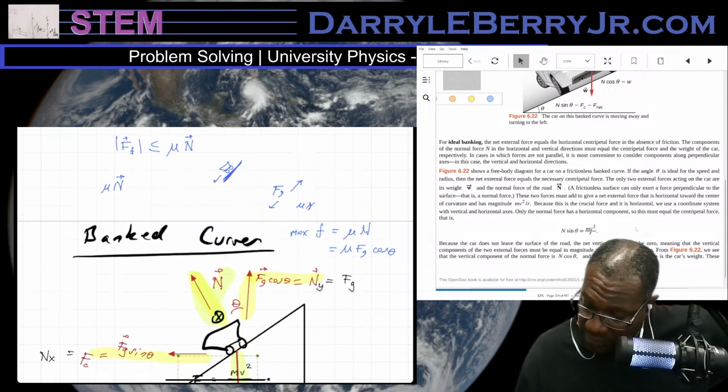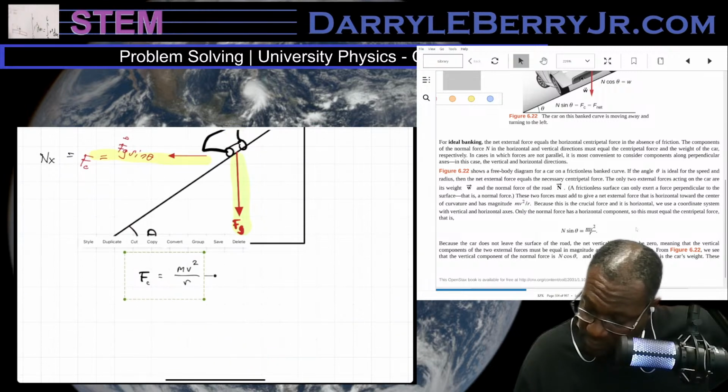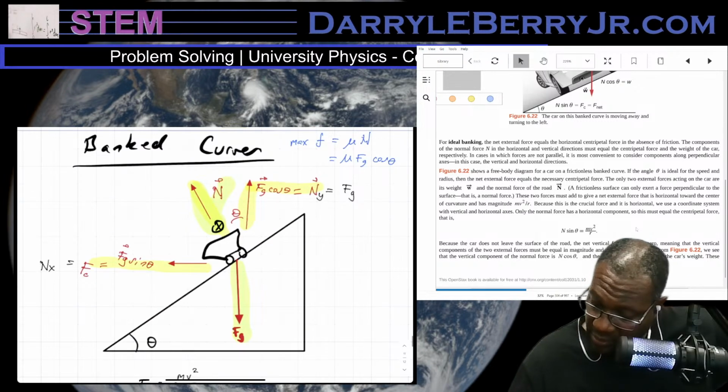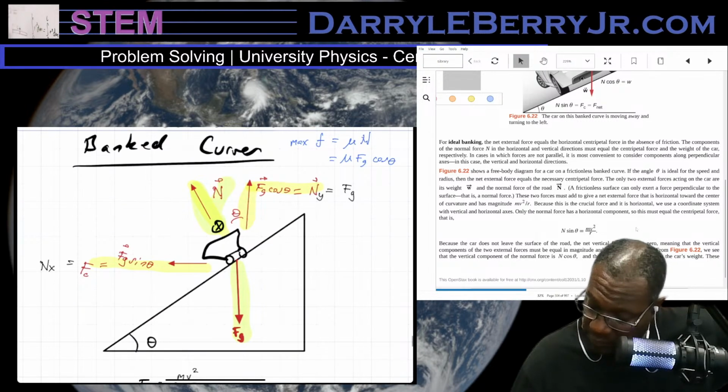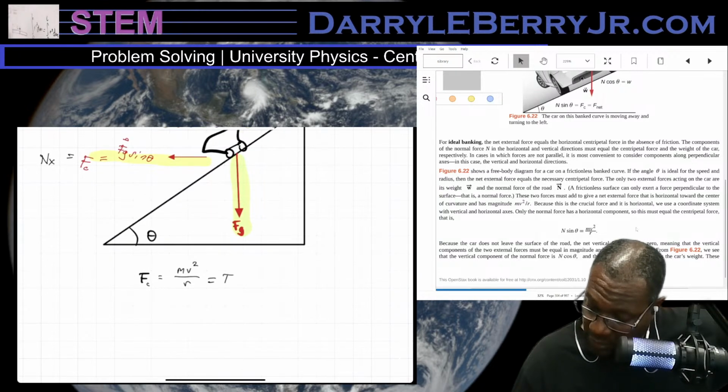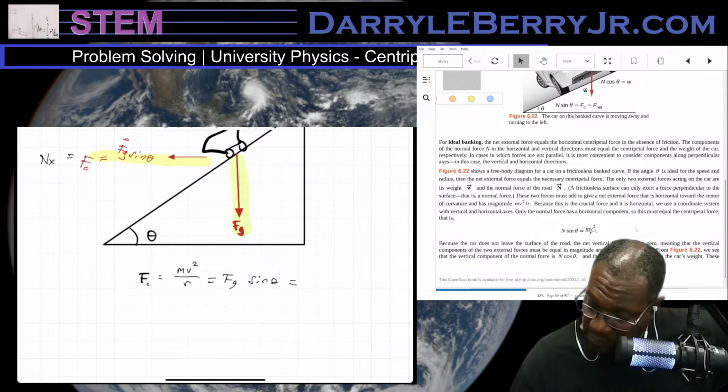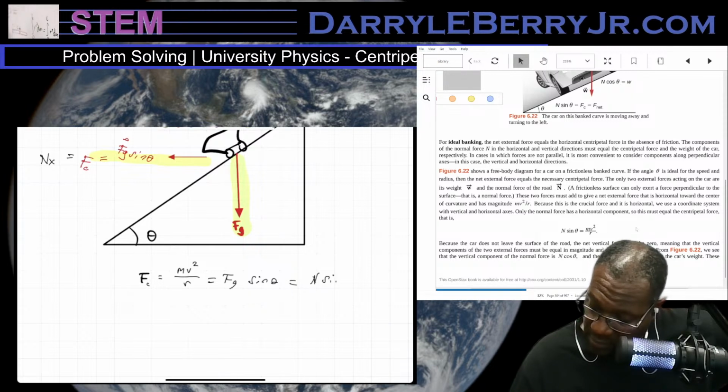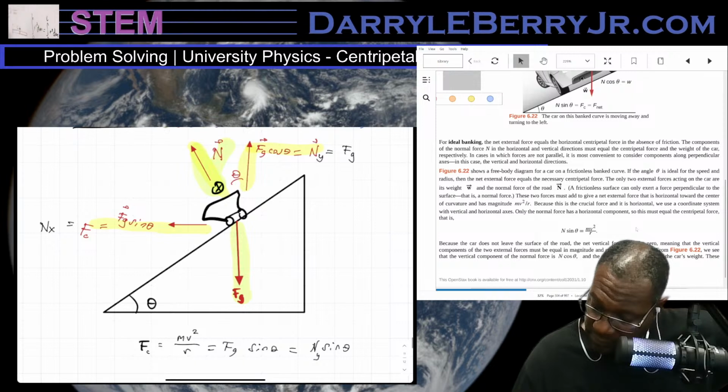Centripetal force must equal N sine theta. No, just N sine theta.